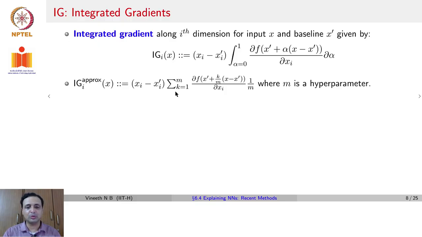So the summation goes from k equals 1 to m, and then you have k by m. So you take it at 1 by m, 2 by m, 3 by m, 4 by m, so on till m by m, which is 1. You keep taking those steps of your input image added to a baseline image or a black image, and then you compute your data gradient and average out all your data gradients, and that becomes your integrated gradient.